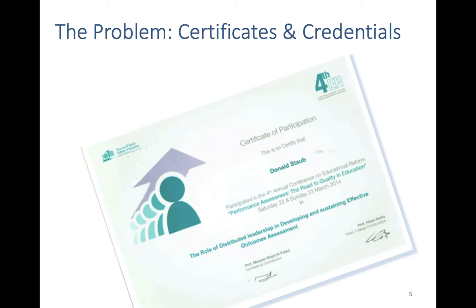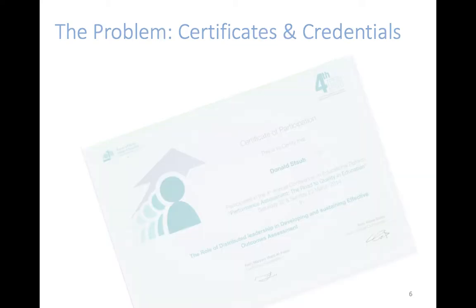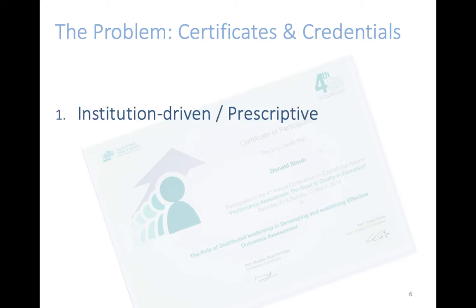So here's the crux of the issue: most certificates and credentials are, first of all, institution driven. They're prescriptive, meaning that an institution decides what goes into the curriculum, the courses that go into a curriculum if we're talking about a bachelor's degree or even a master's degree.